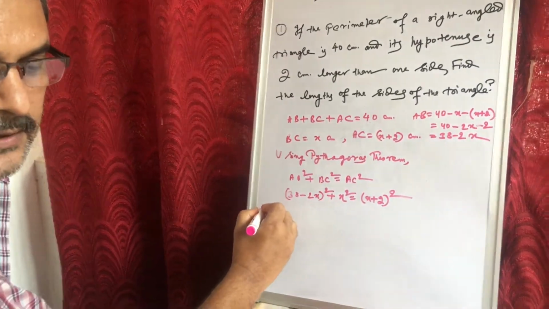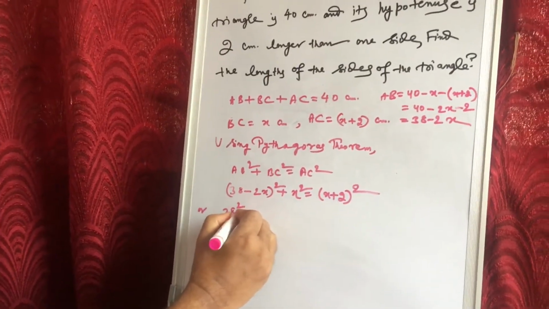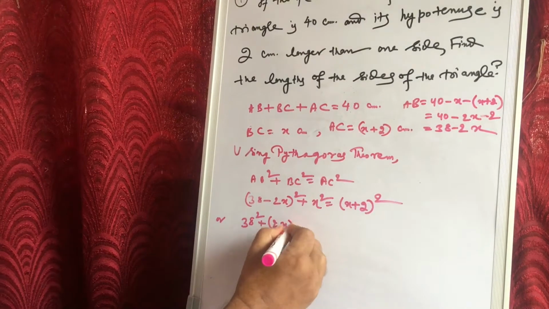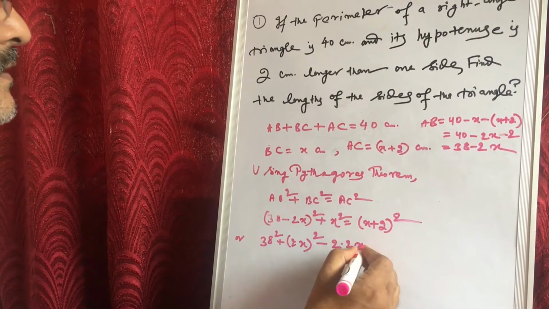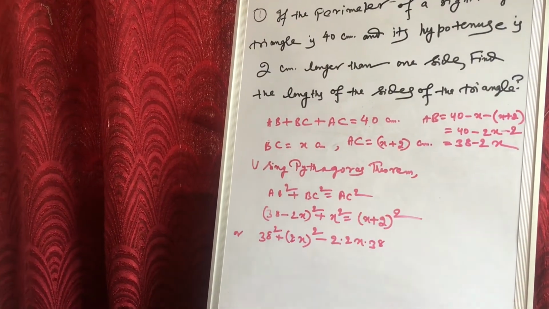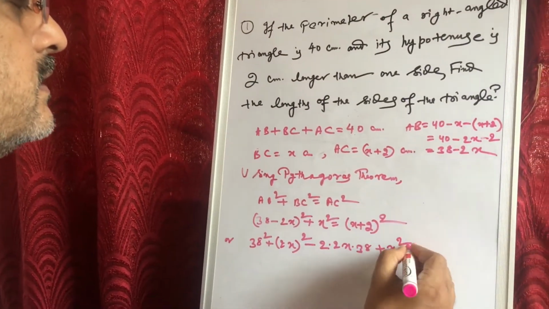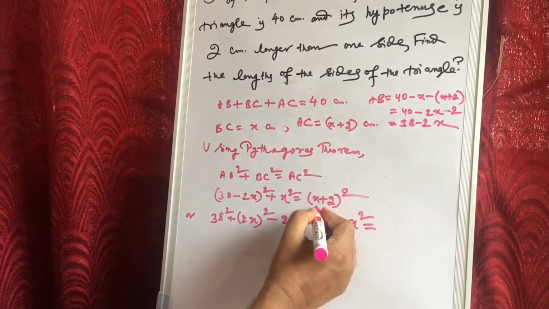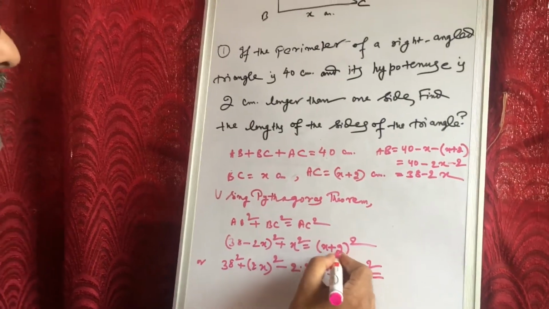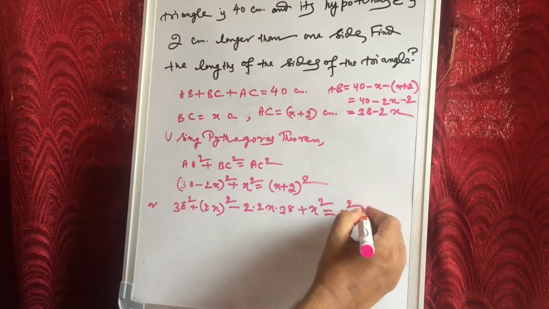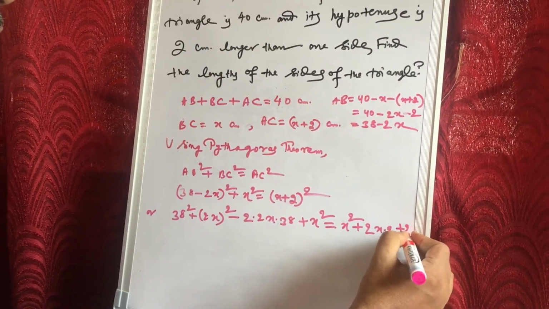Then the next step will be 38 whole square plus 2x whole square minus 2 into 2x into 38 plus x square is equal to, using the formula for the whole square of a plus b, x square plus 2 into x into 2 plus 2 whole square.